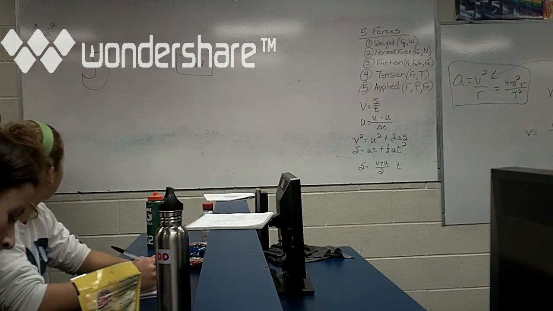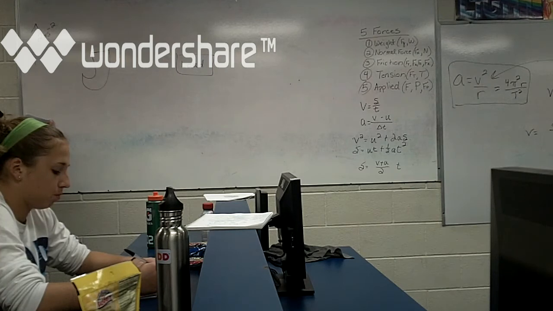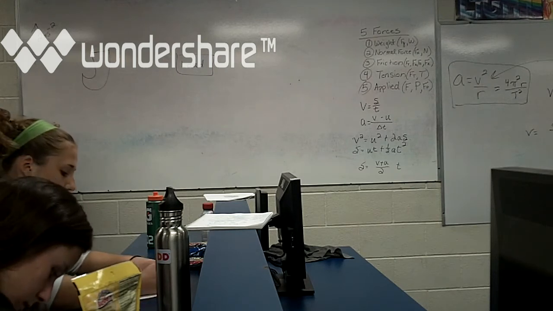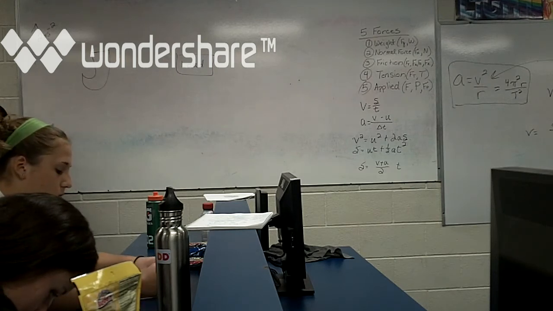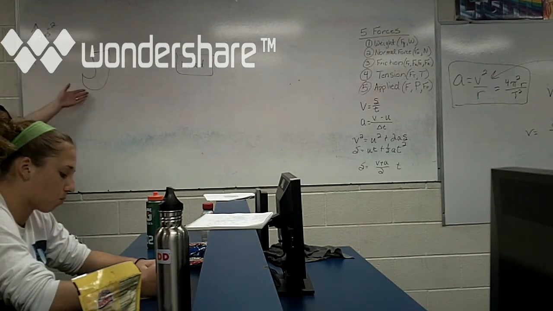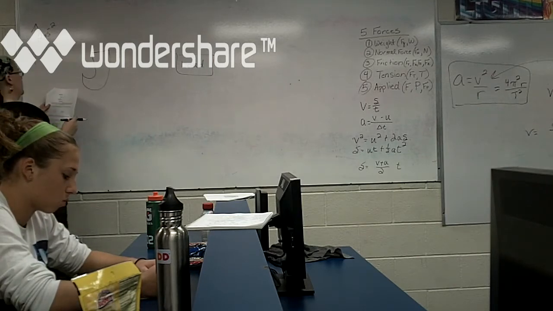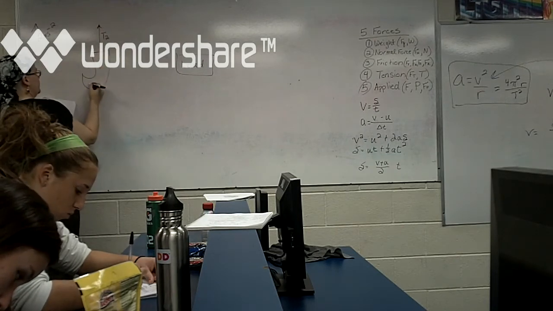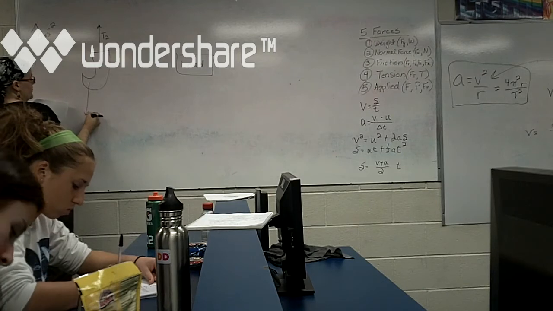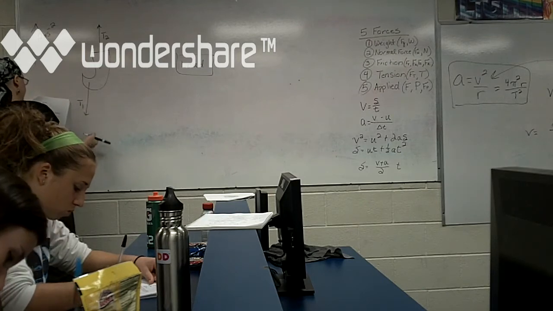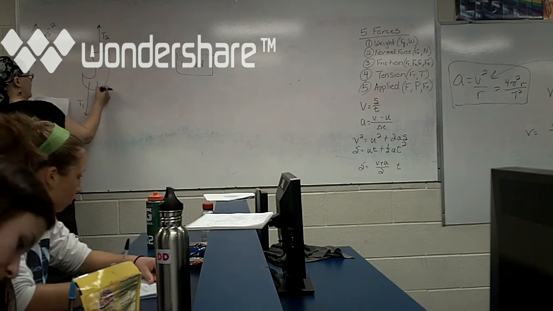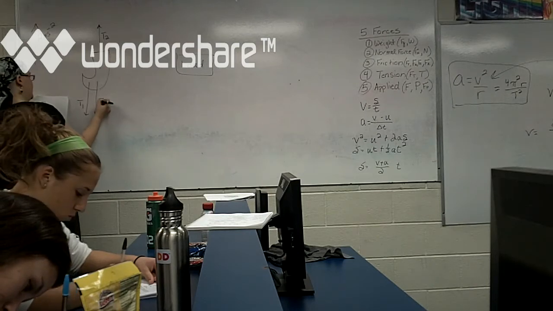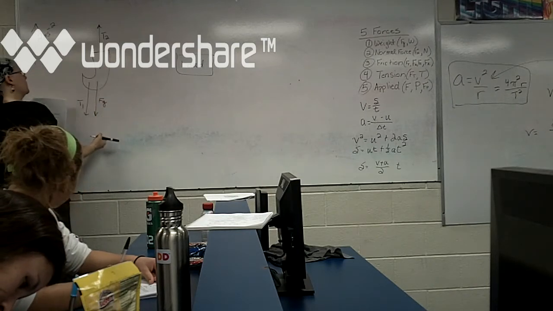So we are accelerating our system. On the diagrams below, draw and label the forces acting on the hook and the forces acting on the load as they accelerate upward. So on the hook, we have a tension acting up, and they called that T2. We have a tension acting down because we have a load down, which is T1. And we also have the weight of the object for that one.